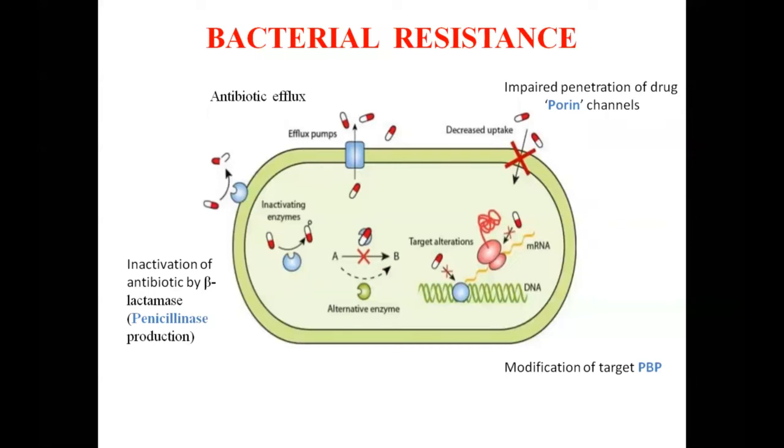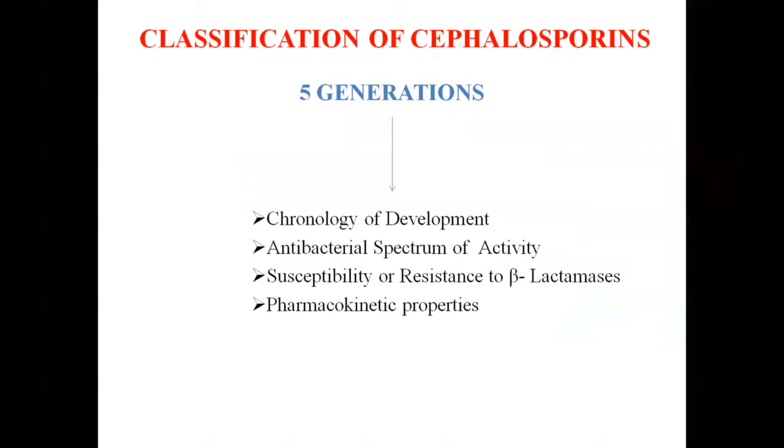So by all these mechanisms, bacterial resistance is seen in the beta-lactam antibiotics: by penicillinase production, by alteration of the penicillin binding protein, by impaired penetration of the drug through the porin channels, and by antibiotic efflux. So with all this understanding about the cephalosporins, we come to the classification of the cephalosporins.